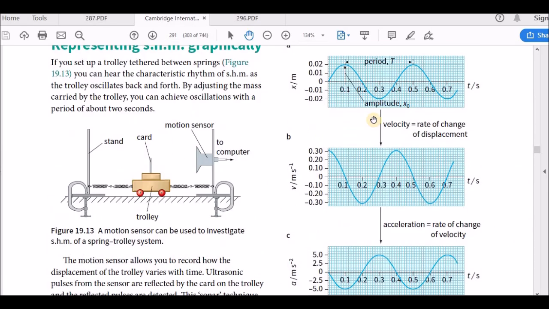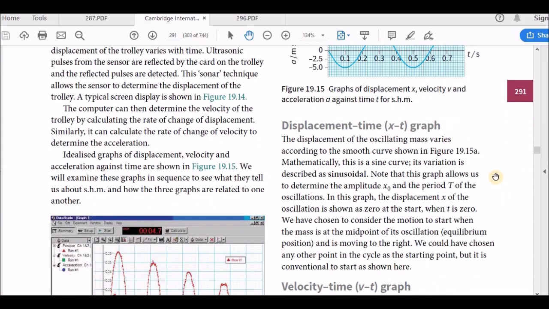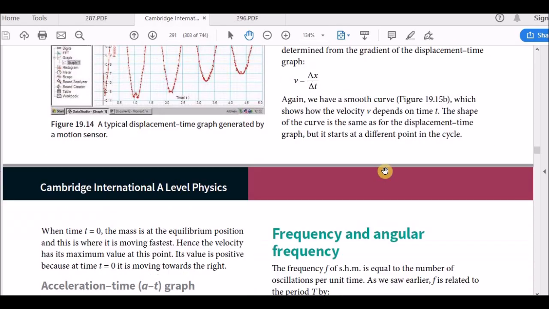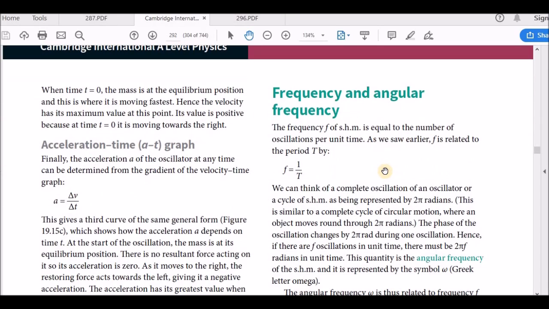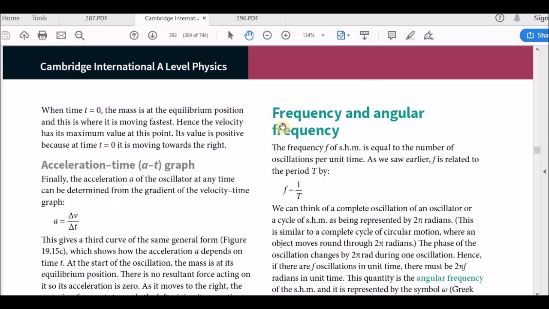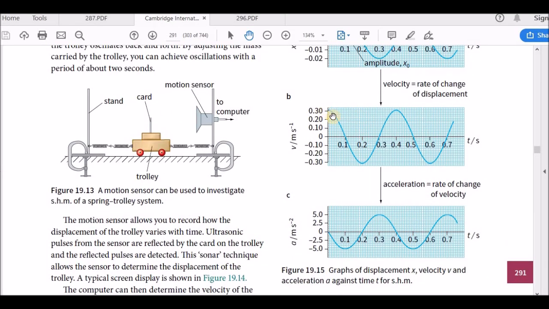So here all these graphs are sinusoidal because they take the shape of a sine graph. So you see, its variation is described as sinusoidal. And also about the velocity time graph, I explained previously, the maximum velocity is at the equilibrium position.